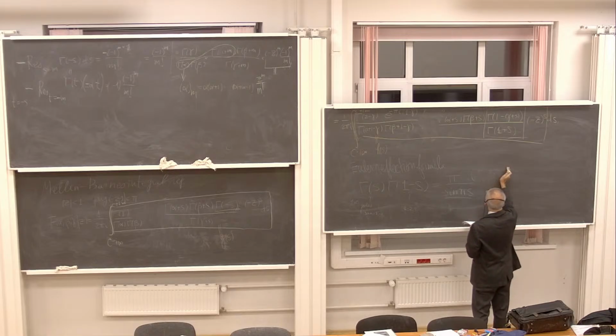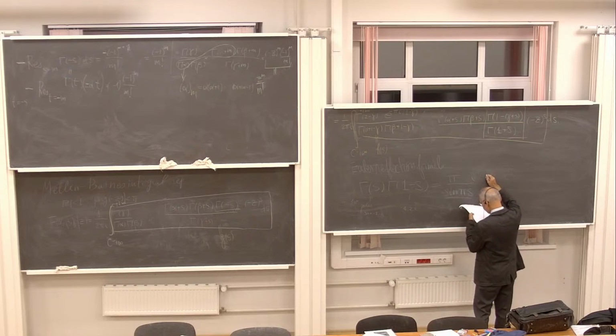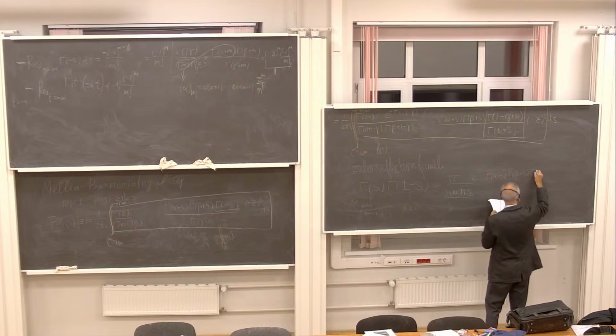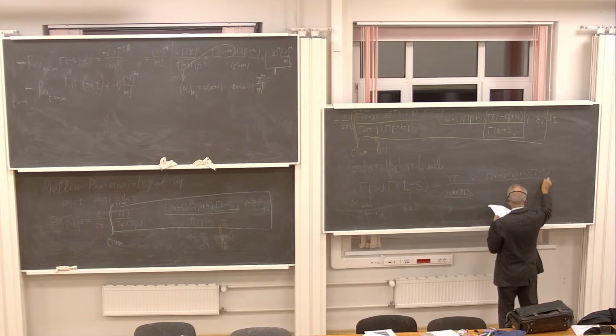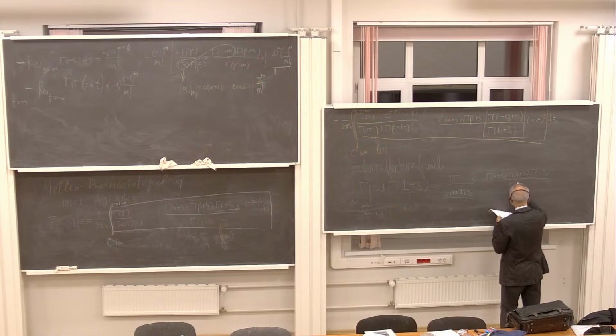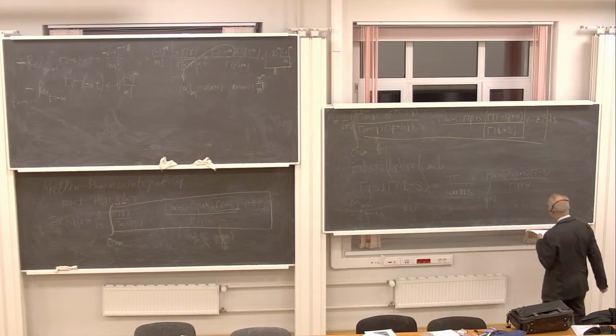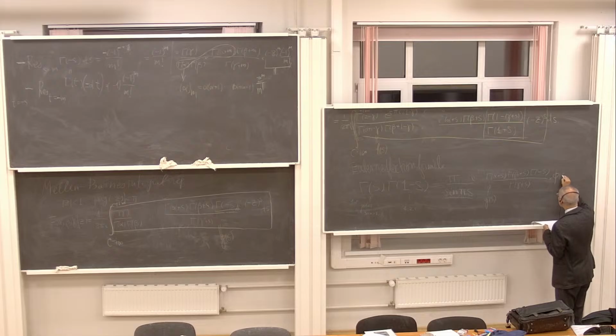Maybe it's better to write gamma(alpha plus s), gamma(beta plus s). What is the main part of the g(s) function times v(s)?